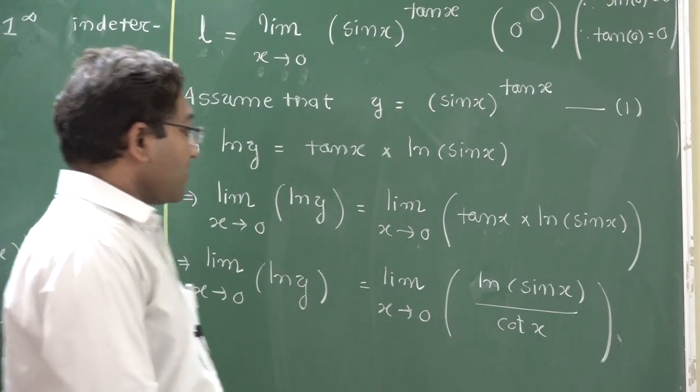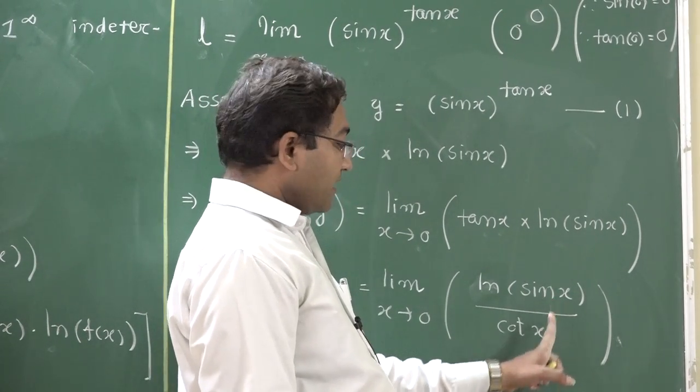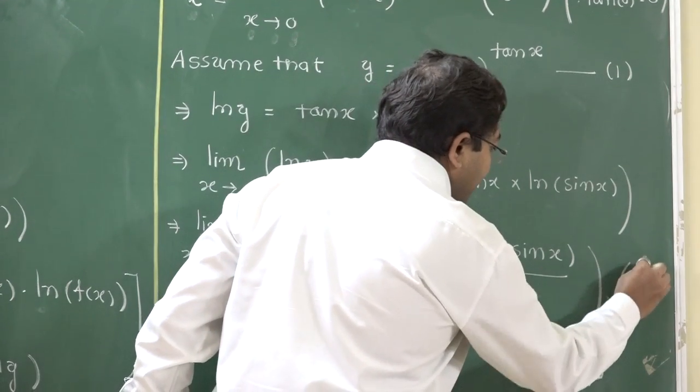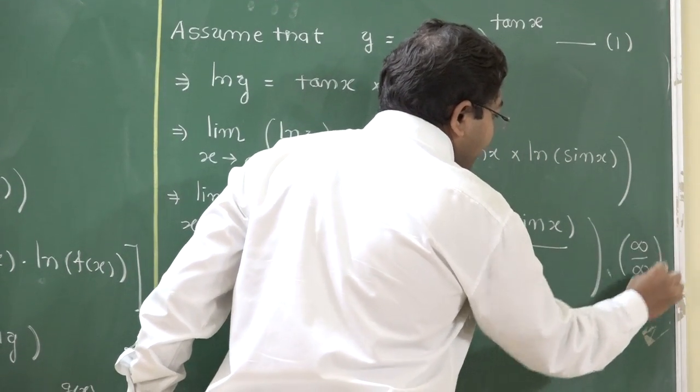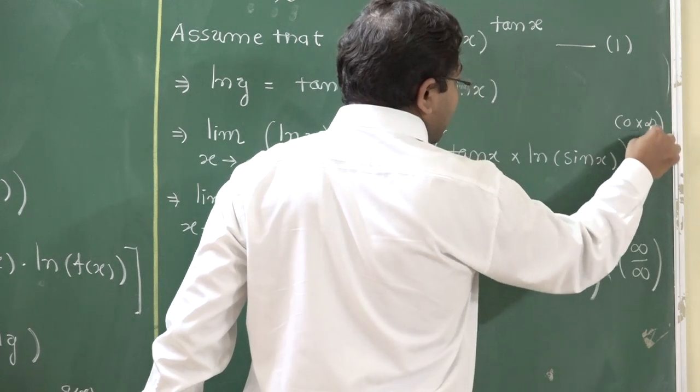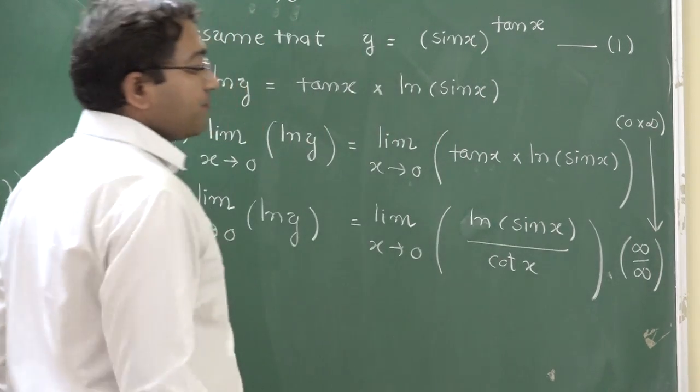Ln sin 0 is infinite, and cot 0 is again infinite, so that is the infinite upon infinite form.